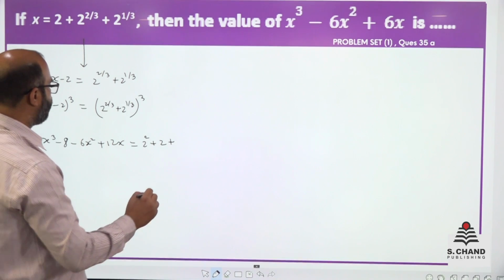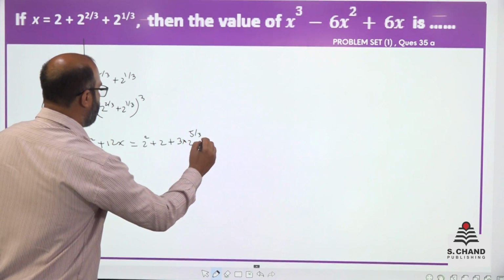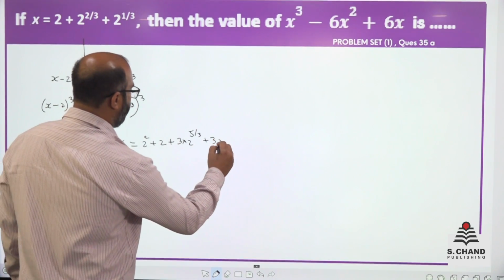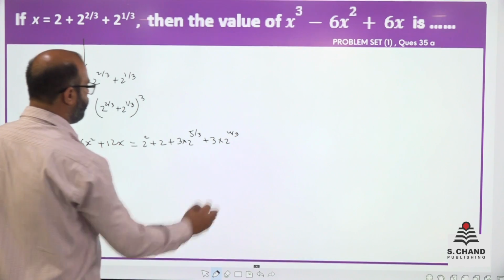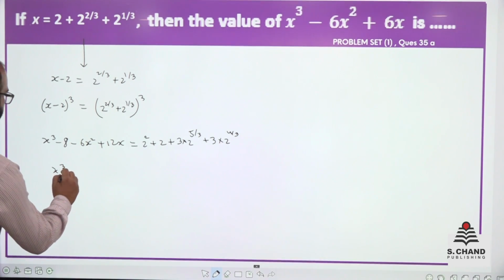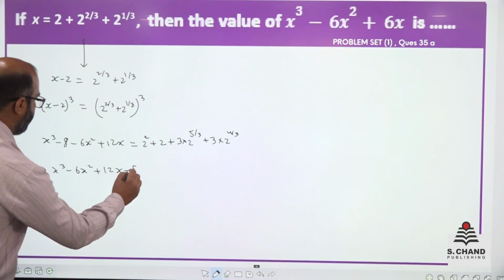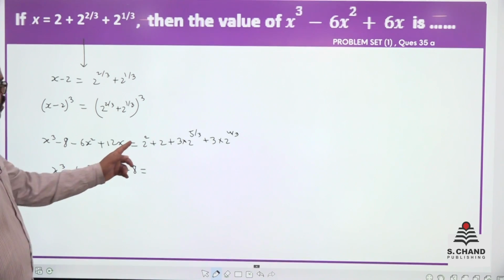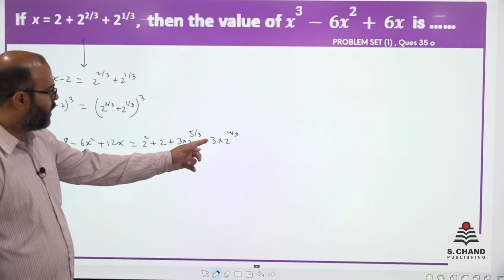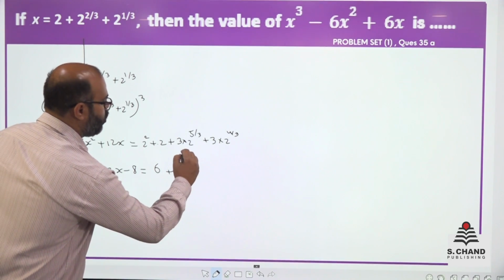So 3a square b will be 3 into 2 to the power 5 by 3, plus 3ab square, so that will be 2 to the power 4 by 3. So this will become x cube minus 6x square plus 12x minus 8 is equal to 4 plus 2, 6, plus 3, you can take common, and also you can take 2 common from both of them.